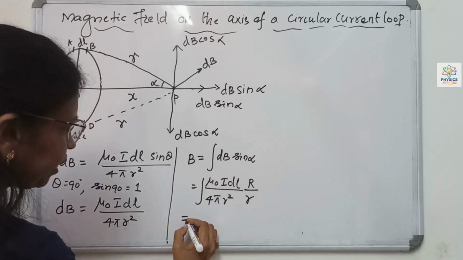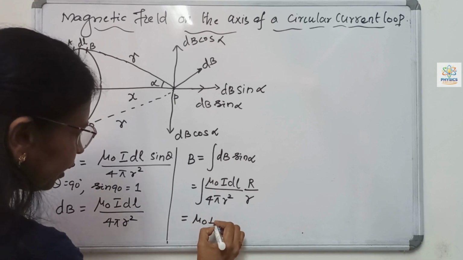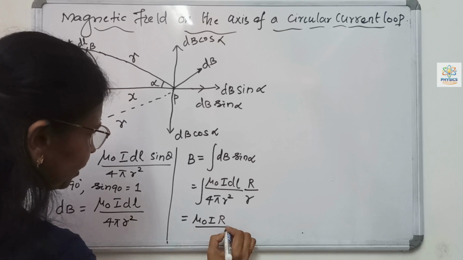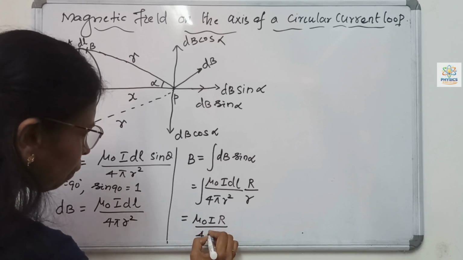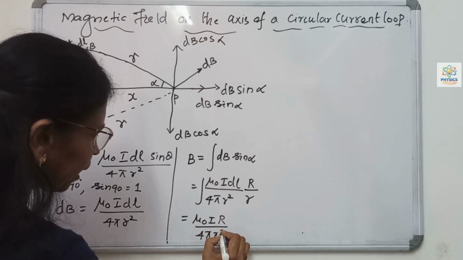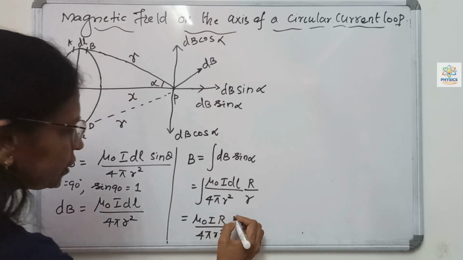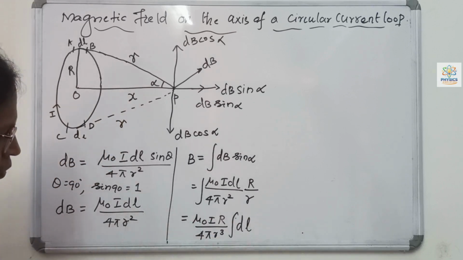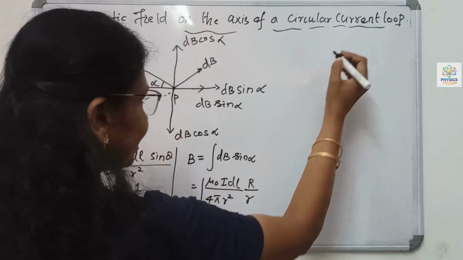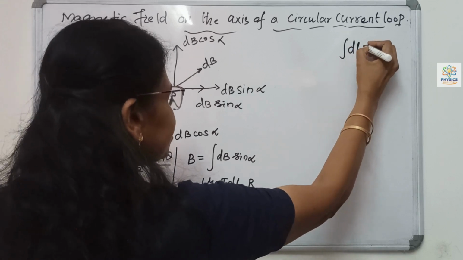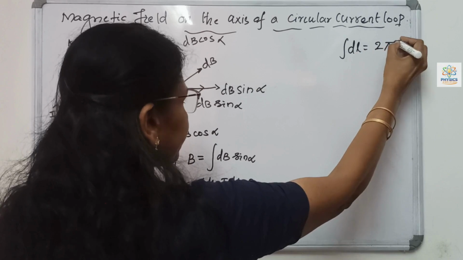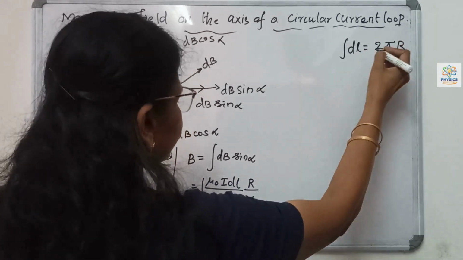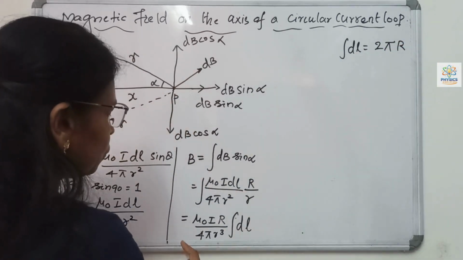Then we can take mu 0 I R the whole divided by 4 pi r cube as constant. Inside the integral we can write dl. The value of integral dl is equal to 2 pi R, that is the circumference of the circular loop.